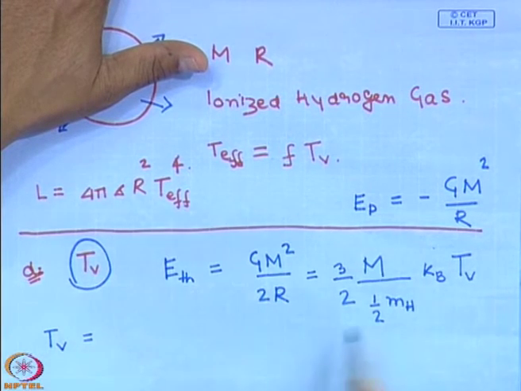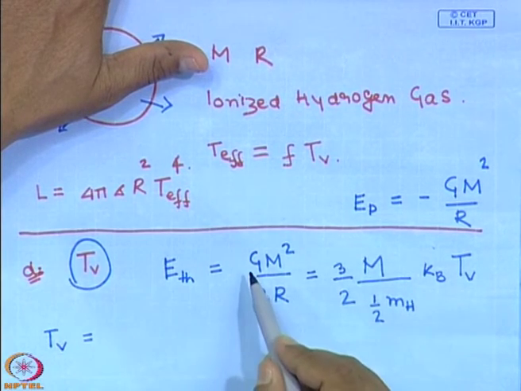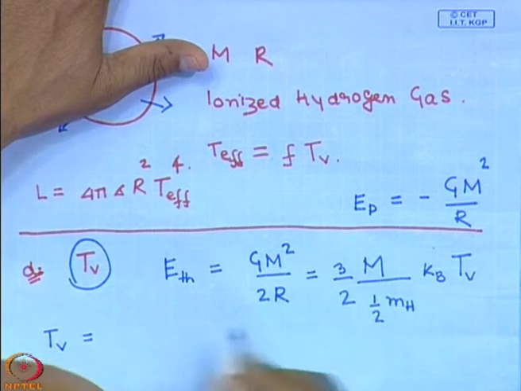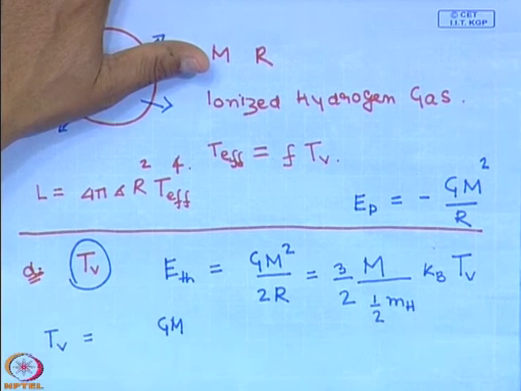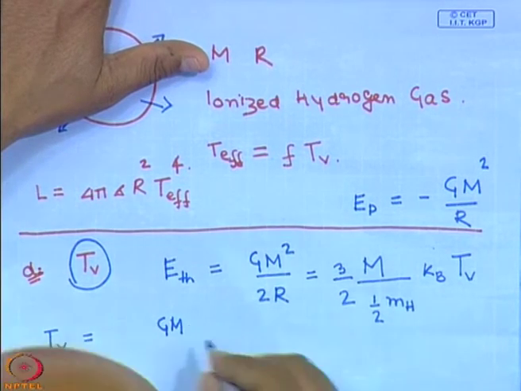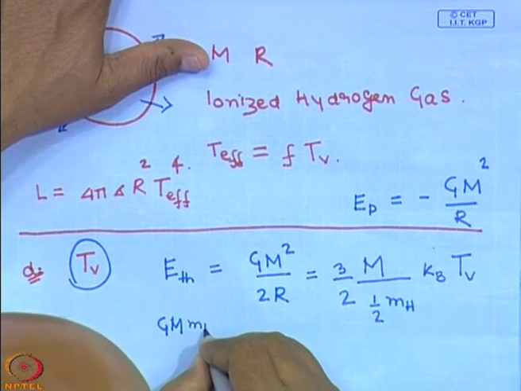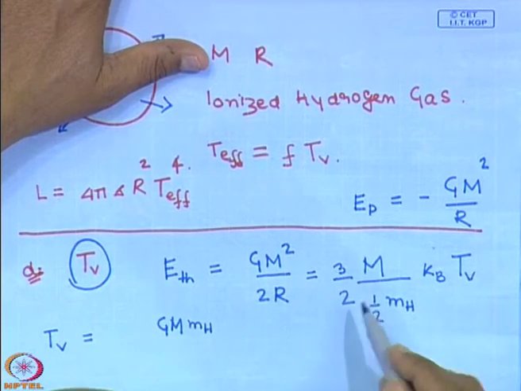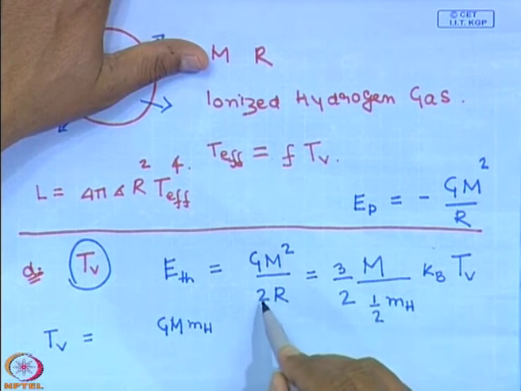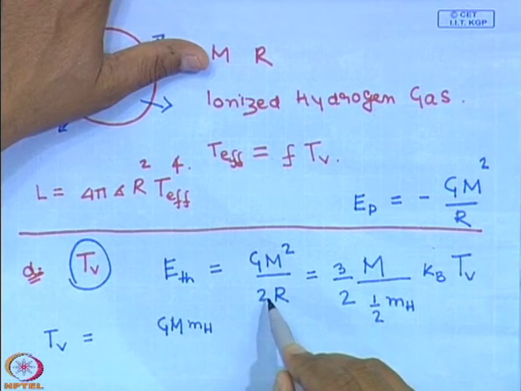So, let us see how much is it equal to. The virial temperature is equal to, one factor of m cancels out, it is equal to G m into the mass of the hydrogen atom. These factors of 2 will cancel out, and if I bring this onto the left hand side I will get a factor of 6.